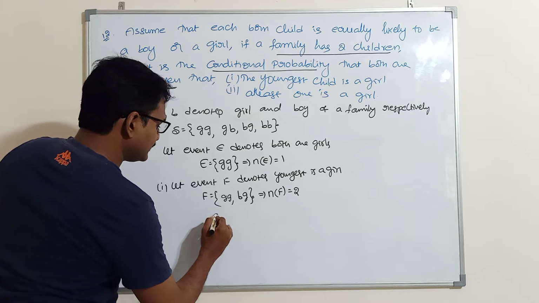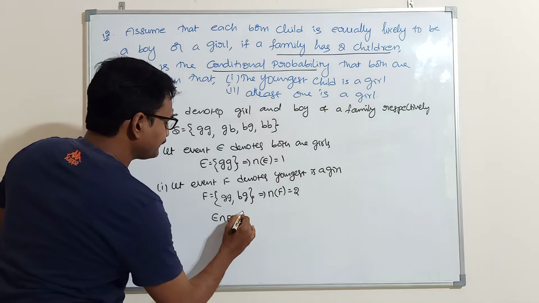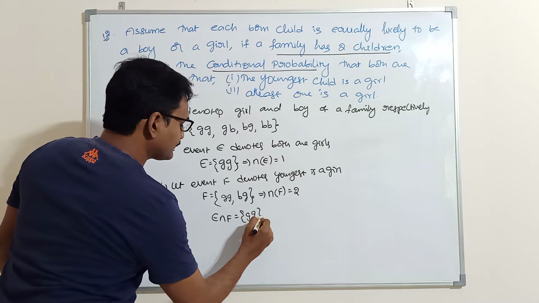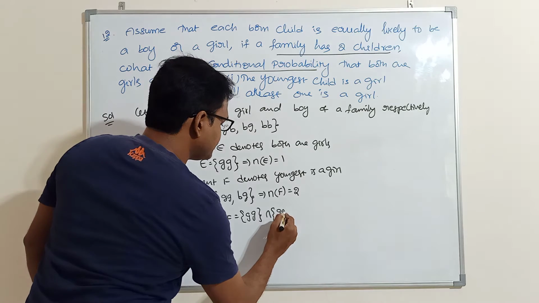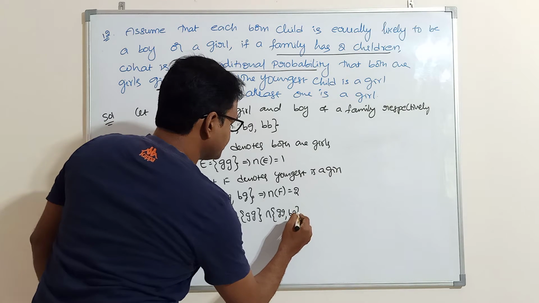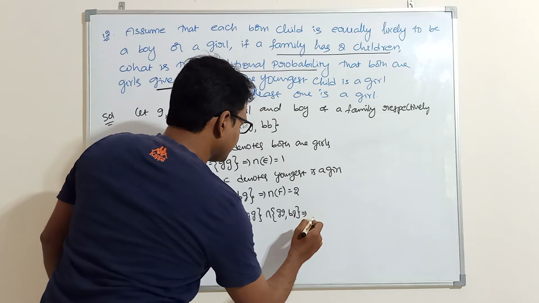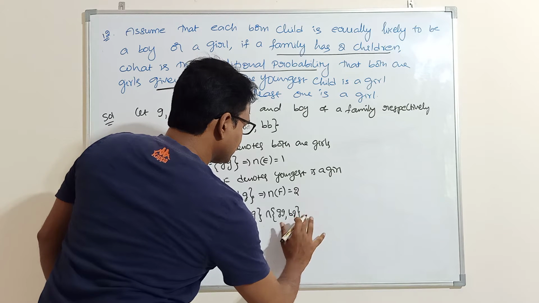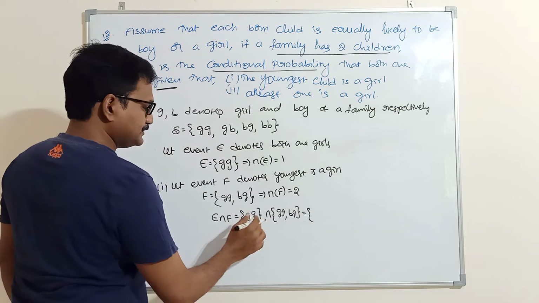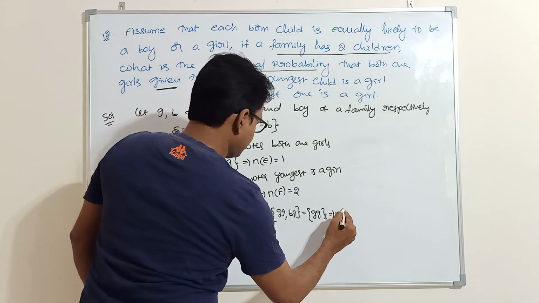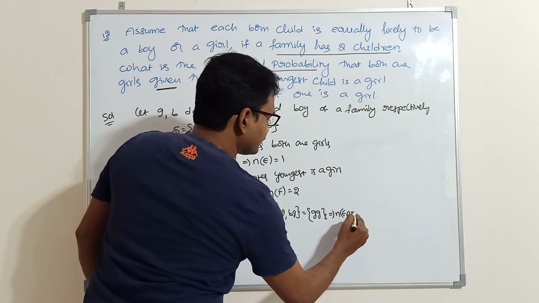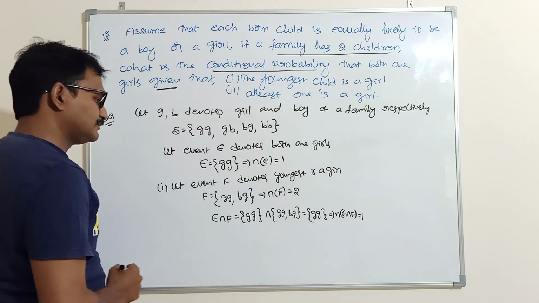Next, what is E intersection F? E is GG, intersection F is GG, BG. So the common sample point is GG. The number of sample points in E intersection F is 1.